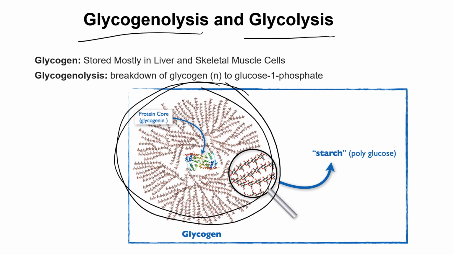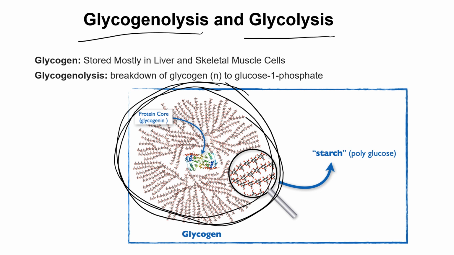We have discussed this to some degree in other lectures. We've talked about how glucose can be transported through the bloodstream and uptaken by muscle cells and other cells and then stored as glycogen, right? So this glycogen here is a polysaccharide. It's a whole bunch of glucose monomers all bound together.